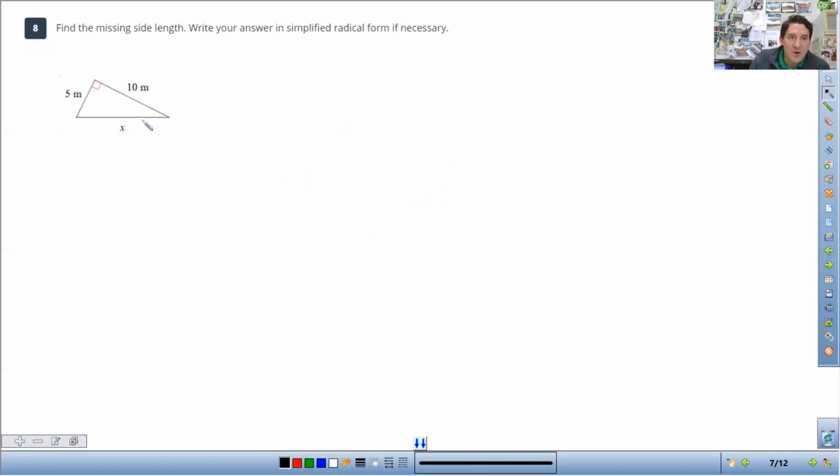So same thing, I'm going to start off by labeling the side lengths. So label the hypotenuse first. The longest side is C. The other two sides, A and B, are interchangeable. So it's going to be A squared plus B squared is equal to C squared.